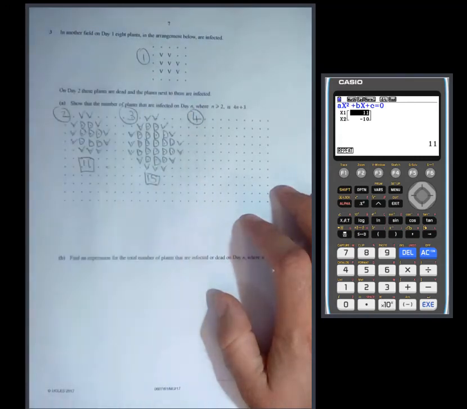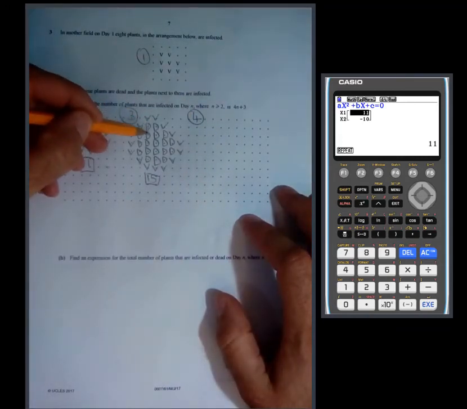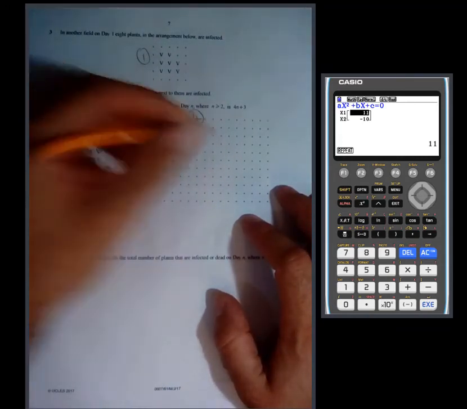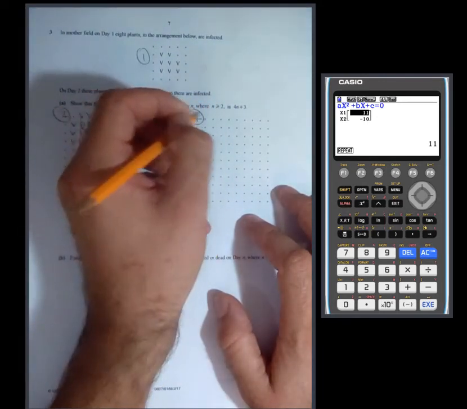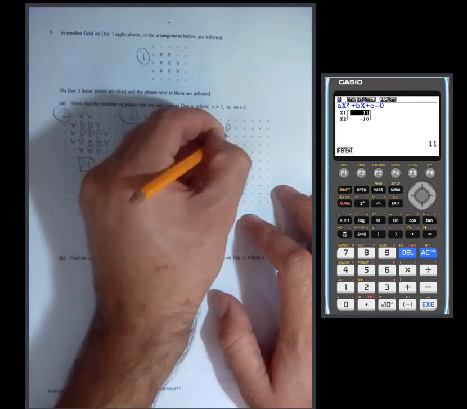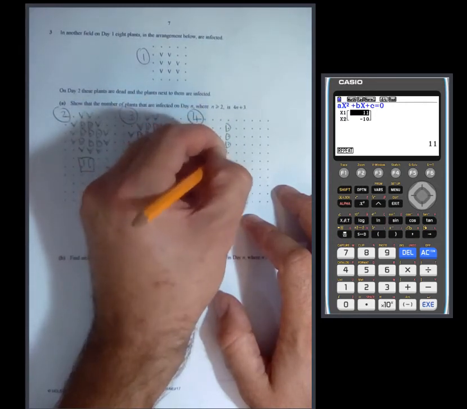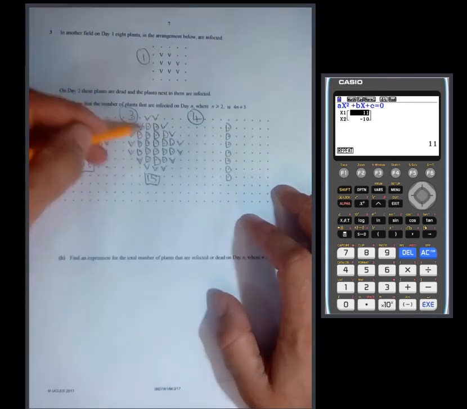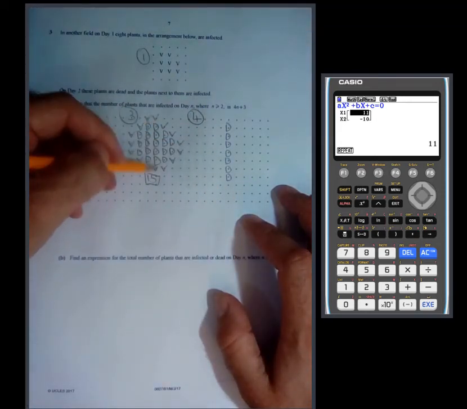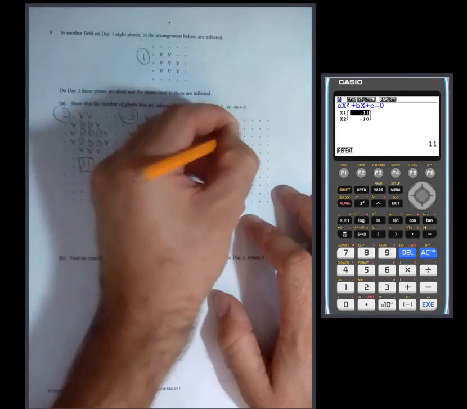So number 4. I'm going to have 1, 2, 3, 4, 5, 6, 7 dead. Leave myself room for 1 more as well. That's that row, and then another 7 dead next to it.